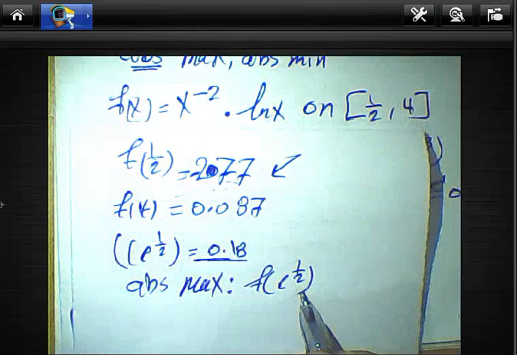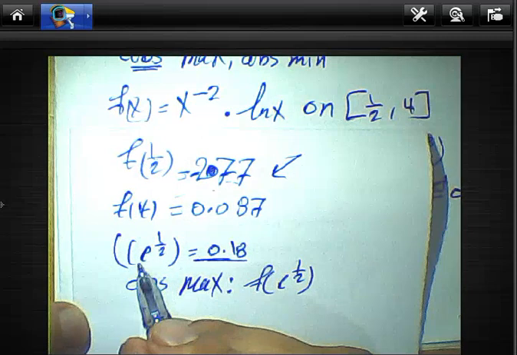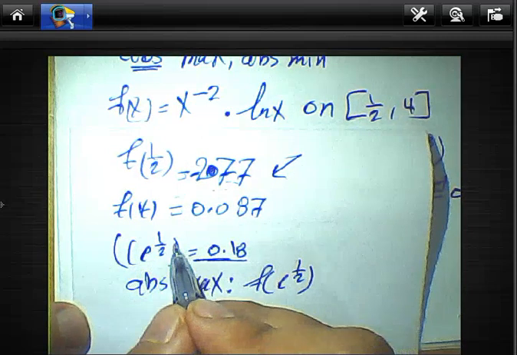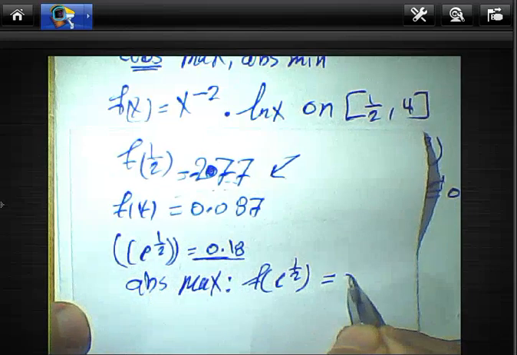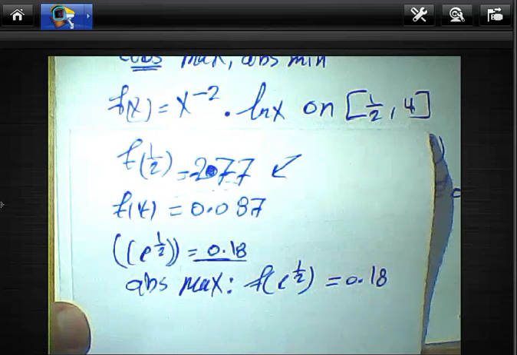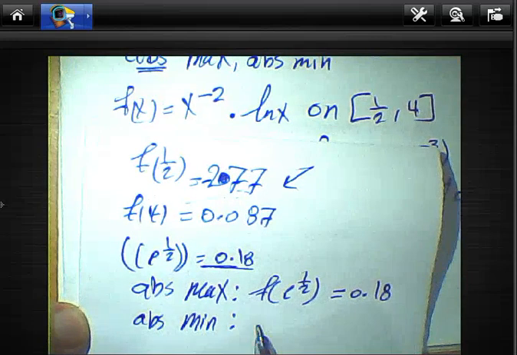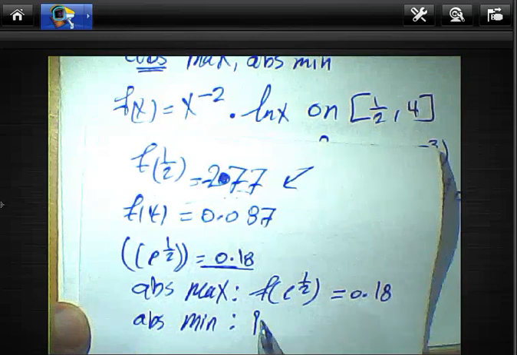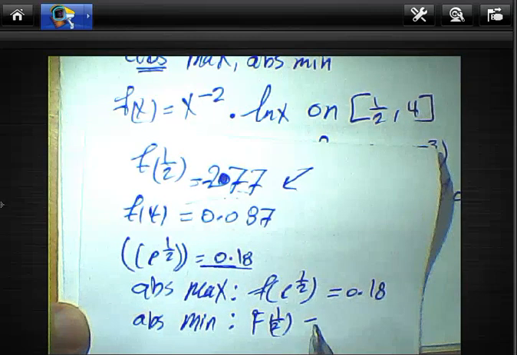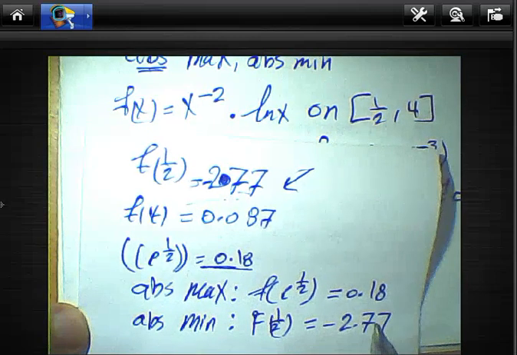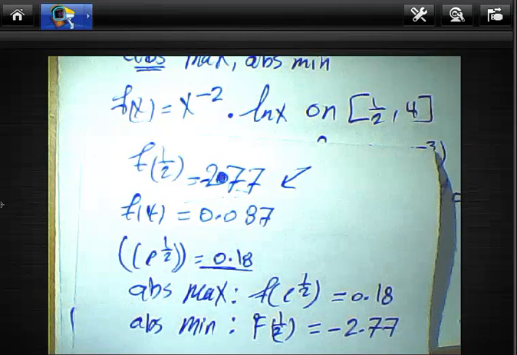Can you see it? The maximum equals 0.18 hundredths, and the absolute minimum is f of 1/2, and the result will be negative 2.77 hundredths.